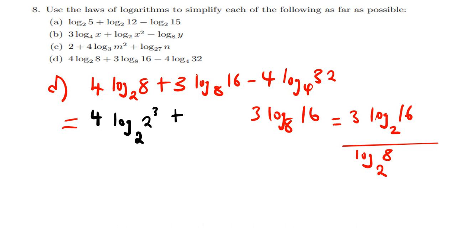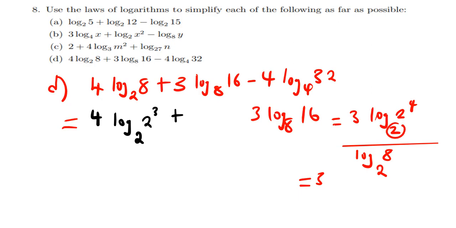So you can say 3 log of 16. How can you write it in terms of 2? That is 2 to the power 4. So 16 is the same as 2 to the power 4, right? And you know that 2 and 2 are going to divide. I'm just going to remain with a 4.